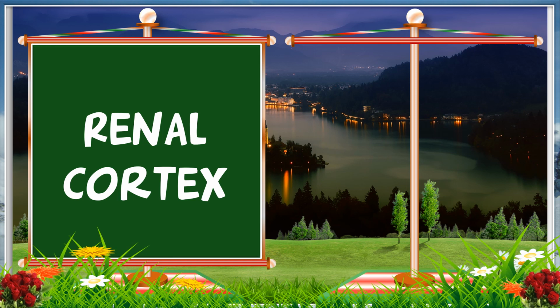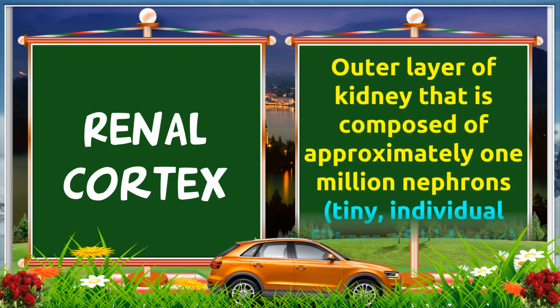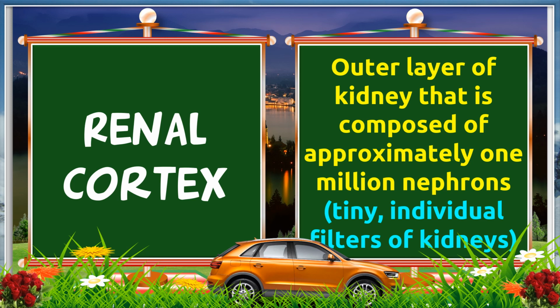Renal cortex. It is the outer layer of kidney that is composed of approximately 1 million nephrons. They are tiny individual filters of the kidney.